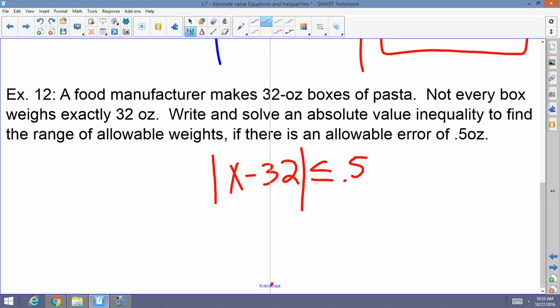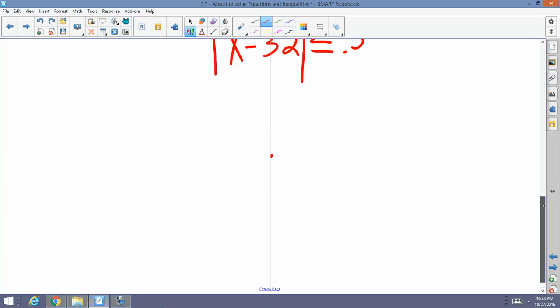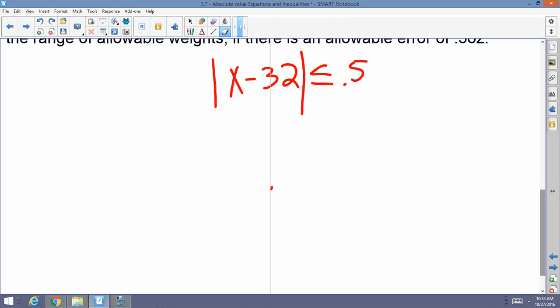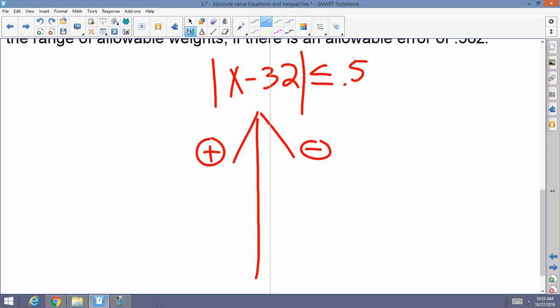How did you do it, my man? Do you split it up into the positive or negative, or do you do it all as one? Okay, you split it up. That's fine. Again, guys, there's no shame, no worries at all. So I've got x minus 32 is less than or equal to 0.5, and x minus 32 is greater than or equal to negative 0.5.